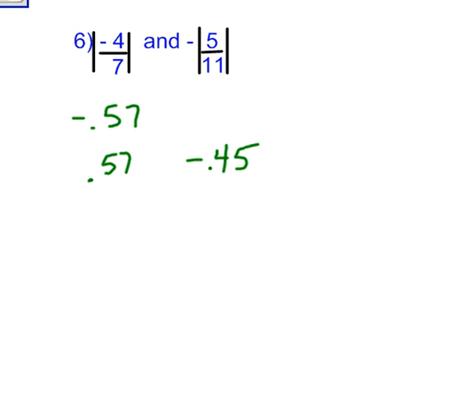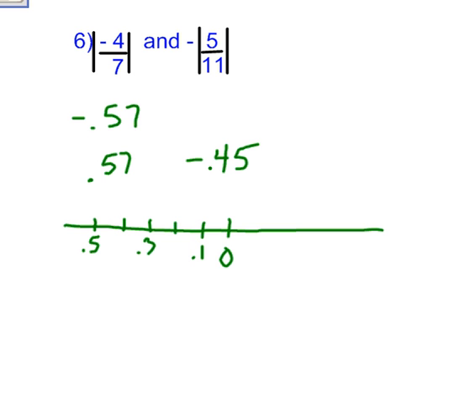Now to set up the graph, I'd start with 0 here. And then this would be 0.1, 0.2, 0.3, 0.4, 0.5, 0.6, and these are all negative. Then going in the other direction, 0.1, 0.2, 0.3, 0.4, 0.5, and these are positive.